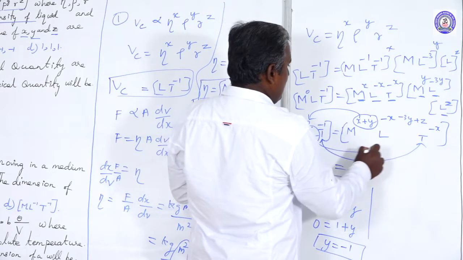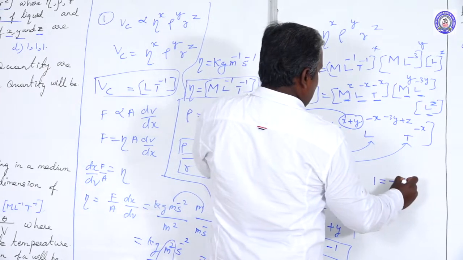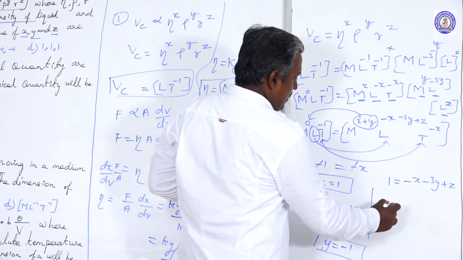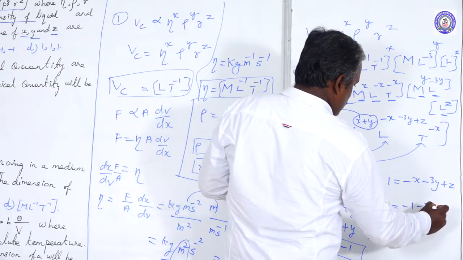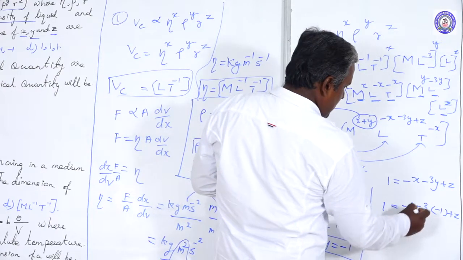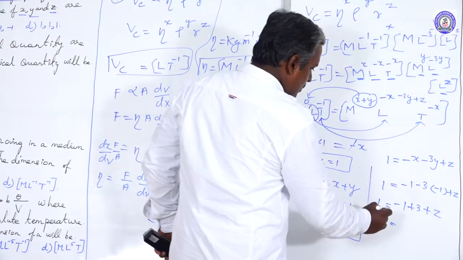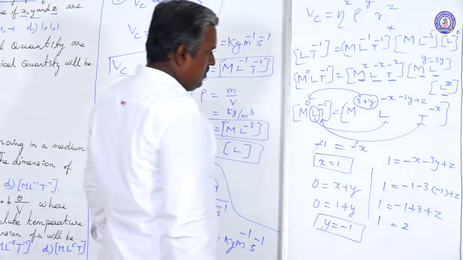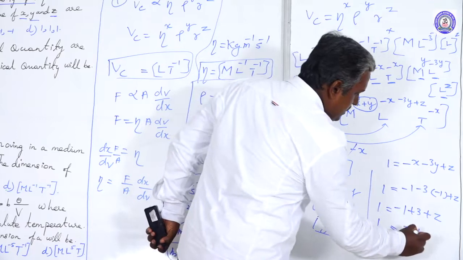L here, so L power 1 is equal to minus x minus 3y plus z, clear? So 1 is equal to minus x value 1, minus 3 times y value minus 1, plus z, so 1 is equal to minus 1 plus 3 plus z, so 1 equals 2 plus z, correct?